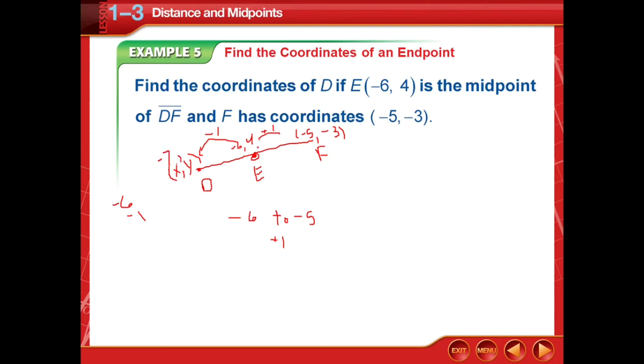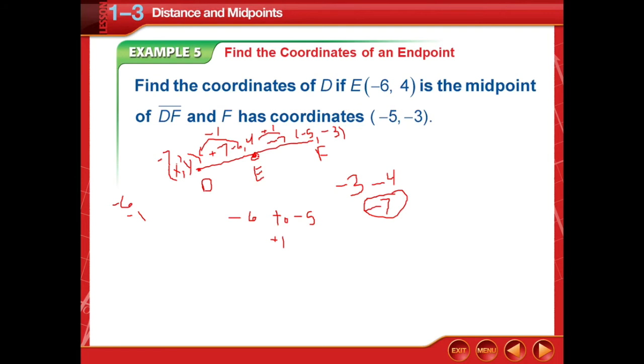I'm going to compare the distance from 4 to negative 3. I start with the number that is to the right. So from negative 3 minus 4, I went down 7 spaces. So if I'm going to go down 7 spaces to the right, I'm going to go up 7 spaces to the left because I am doing the opposite to go from here to here.